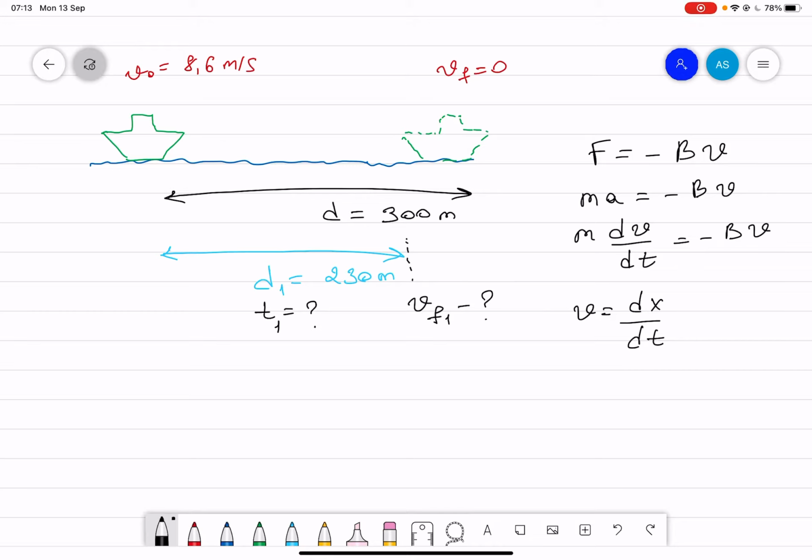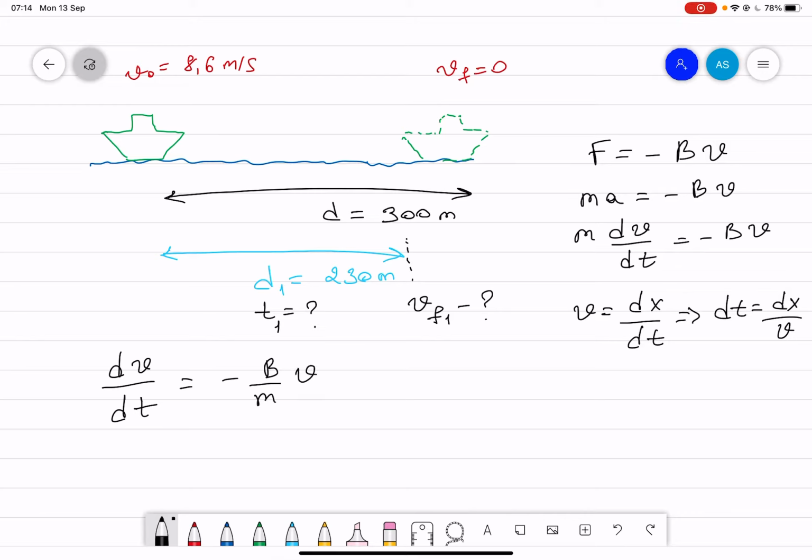Okay, from there we can say that dt is equal to dx over v. Then we come back here: dv over dt is equal to minus b over m times v.